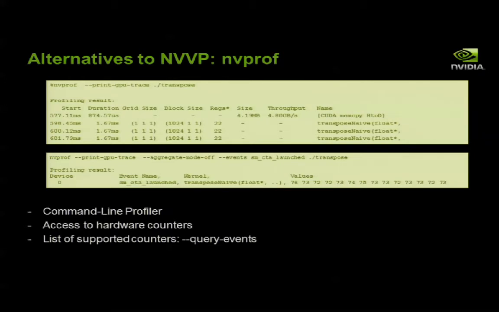Now, by default, NVProf just sums up the information for the entire GPU. That's called the aggregate mode. But you can turn the aggregate mode off, and then you can see for each one of the streaming multiprocessors how many blocks were executed on each one of those.